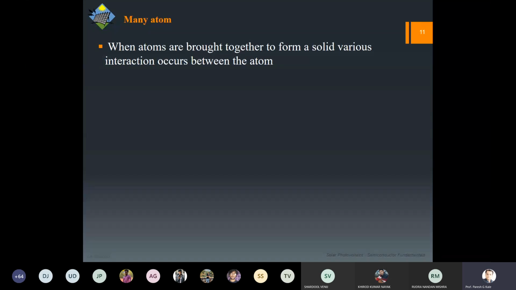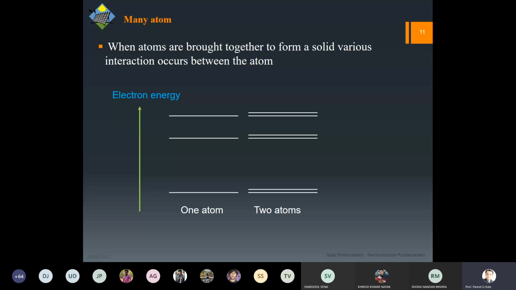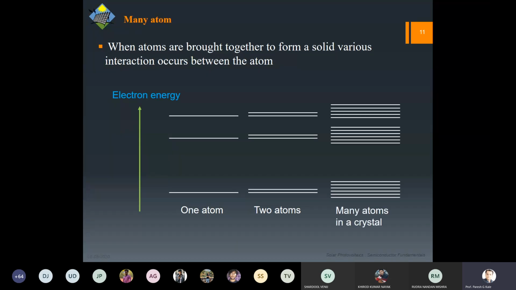So now not only is that electron interacting with the proton of the nucleus of that particular atom, but it is also interacting with the other atoms and other electrons. So when you are bringing so many atoms together, you have to have more and more energy levels so that you can satisfy the exclusion principle, or you can satisfy the energy occupancy level.